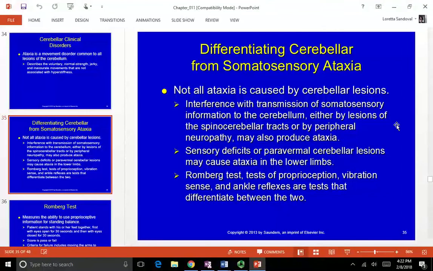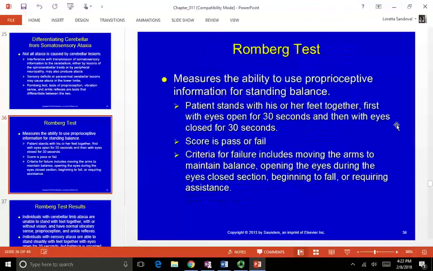So it can either be in the somatosensory system, it can be in the cerebellum, or it can be in the connection between the two. That makes sense, right? Sensory deficits or paravermal cerebellar lesions can cause ataxia in the lower limbs. The Romberg test, which we'll talk about, and tests of proprioception like vibration sense and ankle reflexes are tests that differentiate between cerebellar and somatosensory ataxia.